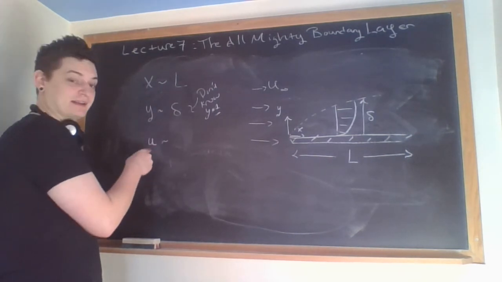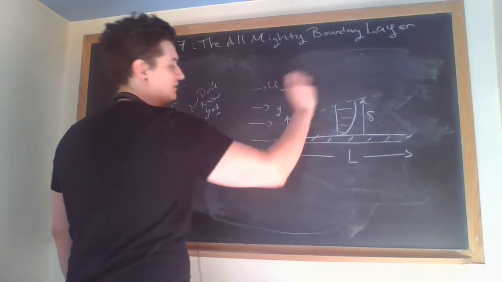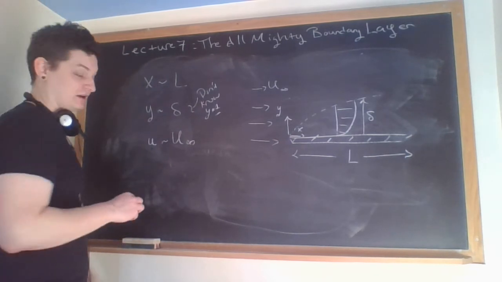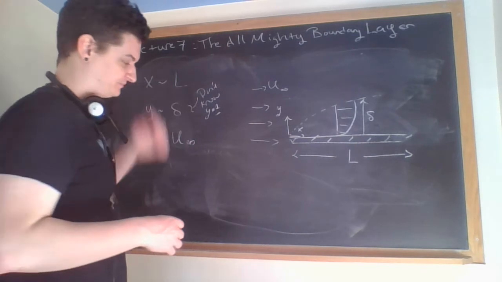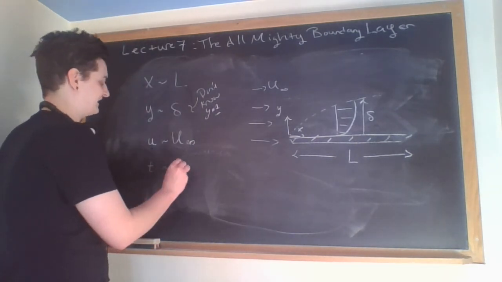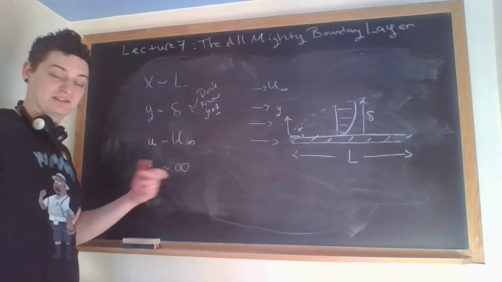The x velocity scales like the far field velocity, so the velocity going that way. I'm going to say it scales like this far field velocity. We also look at the steady state for boundary layer equations. Sometimes for steady state, I just say time scales as infinity because it's gone long enough.